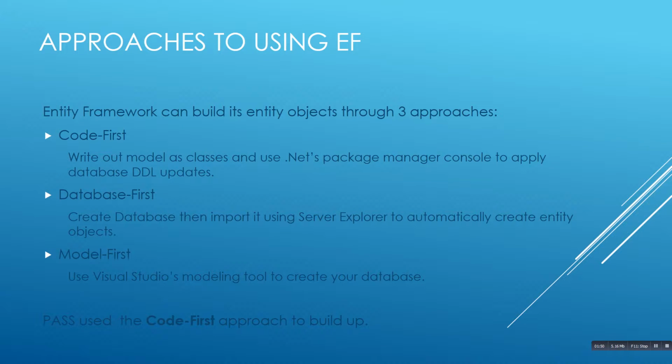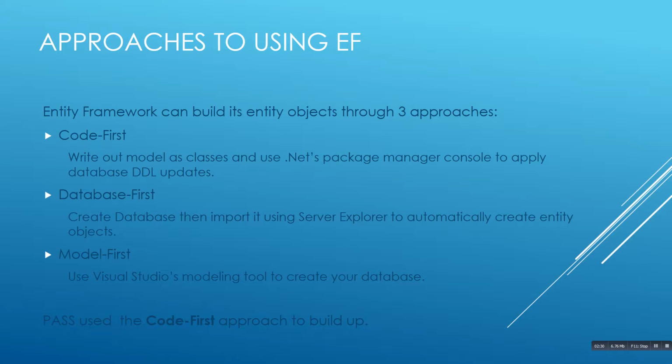Entity Framework has three approaches. We have code first, database first, and model first. PASS used mostly code first, and it interfaced with CSAdmin, which is used to manage its logins using database first. But mostly we use code first, which is laying out all the model classes in actual code and writing out the attributes that would be in a database table and writing out the relationships between the database tables and the model class.